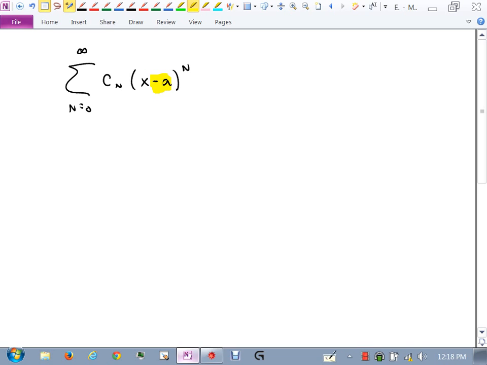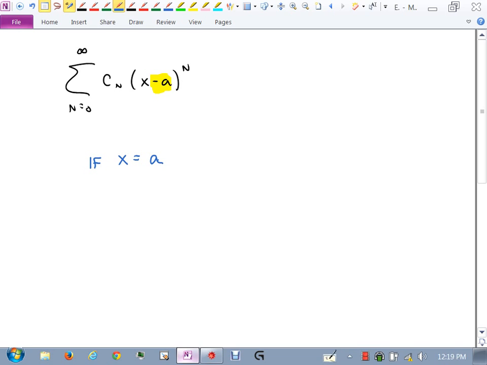Now, let's look at some things here. If this is a general power series right here, let's take a look at some possibilities. What if I actually let x be equal to a? What would happen to this power series? What would it become? It becomes 0, right? Every single term would be 0. 0 to the n, 0 to the n, right? It would just be 0 the whole time.